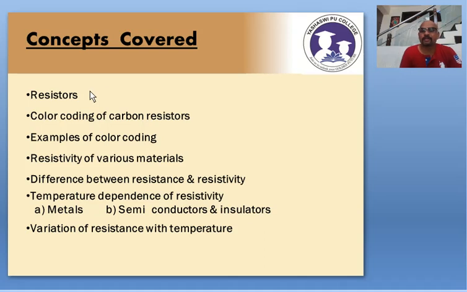Now we have learnt about resistors, wire wound and carbon resistors, and color coding, with examples. We learnt the resistivity of various materials, conductors, semiconductors, insulators, and their ranges. Also we learnt the difference between resistance and resistivity, the temperature dependency of resistivity of metals and semiconductors, and the variation of resistance with temperature of a conductor. The graphs are important.